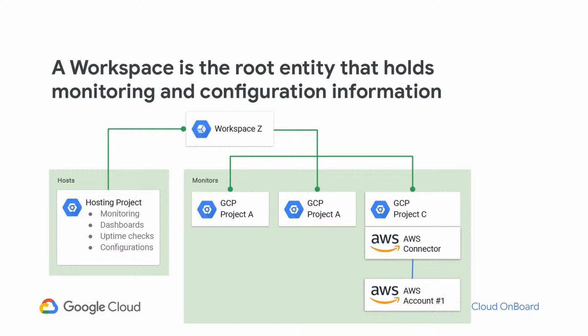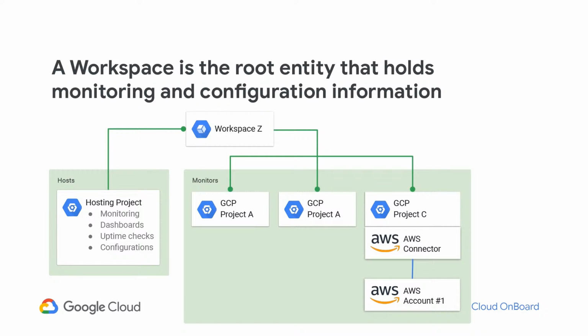Each workspace can have between 1 and 100 monitored projects. You can have as many workspaces as you want, but the GCP projects and the AWS accounts cannot be monitored by more than one workspace. So if you have one workspace, only that workspace can monitor those GCP projects and AWS accounts.